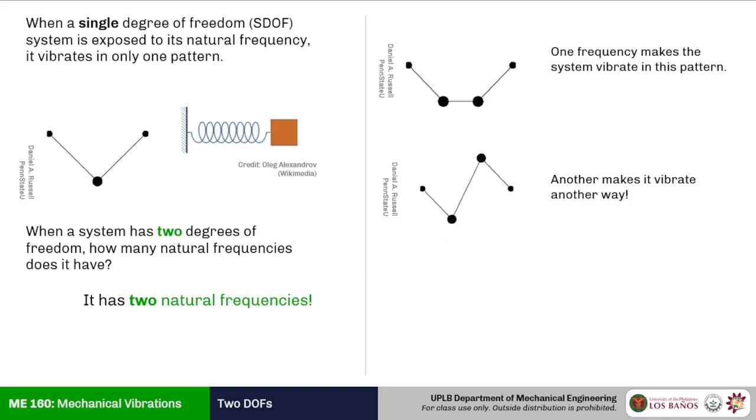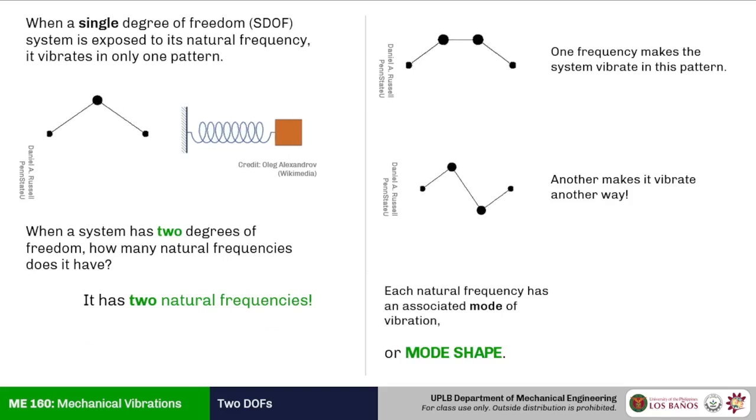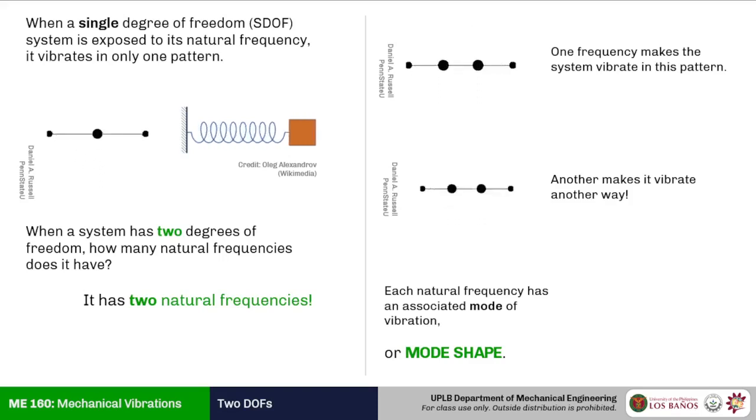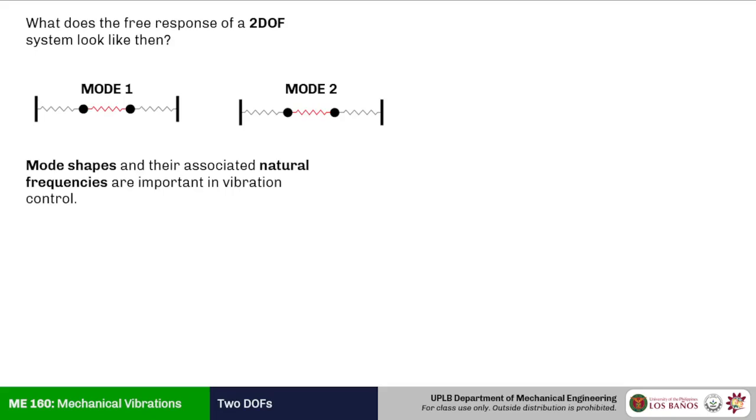We call these patterns mode shapes. So when you think of mode shape, it's just the pattern of the vibration. And again, these patterns are connected or triggered by a particular natural frequency. So given this, we have two modes, two mode shapes for 2 degrees of freedom.